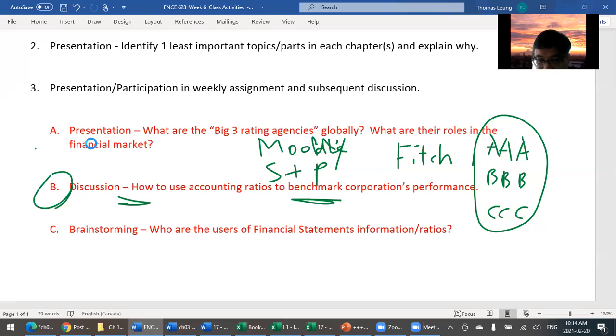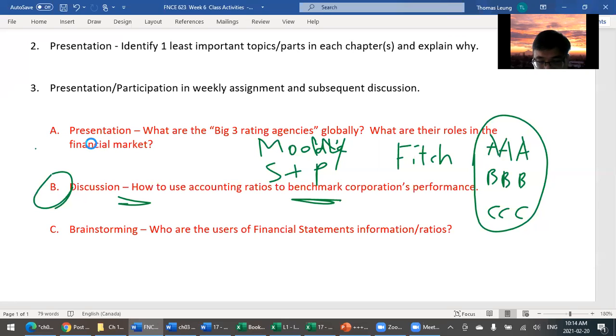For example, you could look for the liquidity ratios, profitability ratios, leverage ratios and efficiency ratios. Based on that, you can base your investment decisions for these companies. Those are the important ones that you could want to have these ratios tested on.